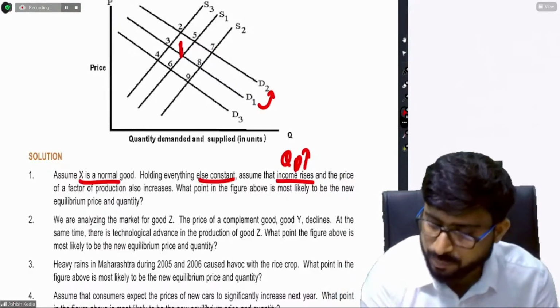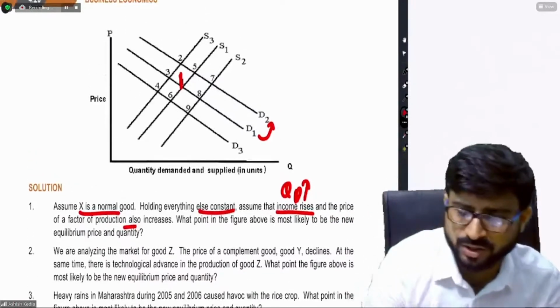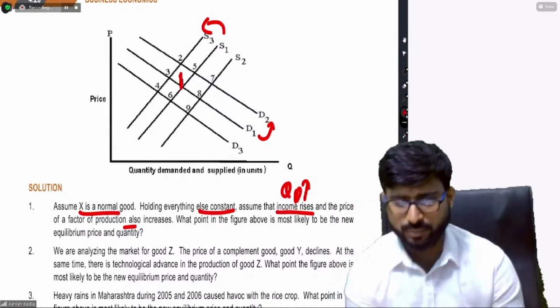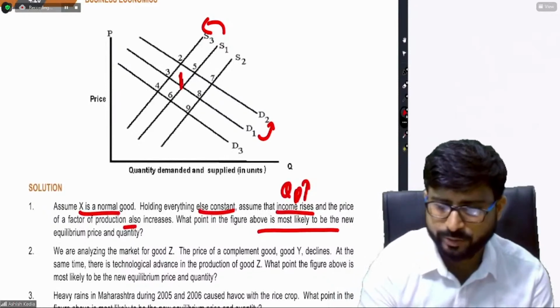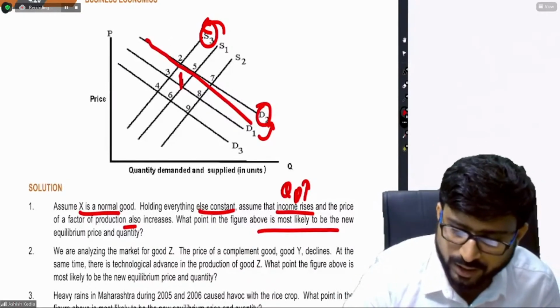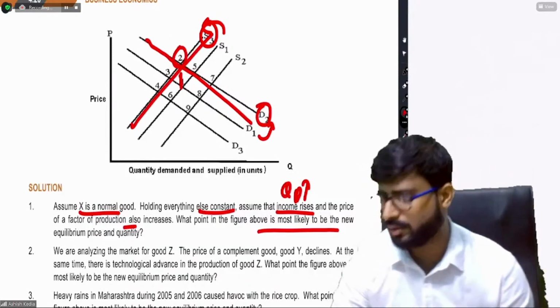Very good. And the price of factor of production rises. So supply falls. So S1 shifted to S3, a leftward shift. So D2 and S3 are meeting. Which point will come? If D2 and S3 are meeting, then automatically we are getting point number 2. Yes or no, everybody? Come on.